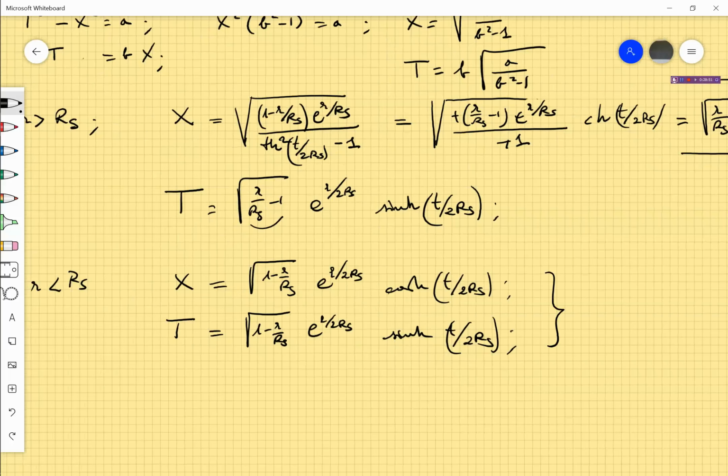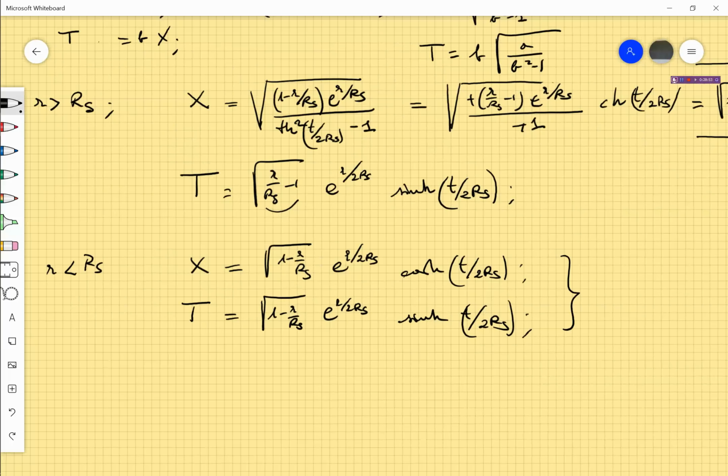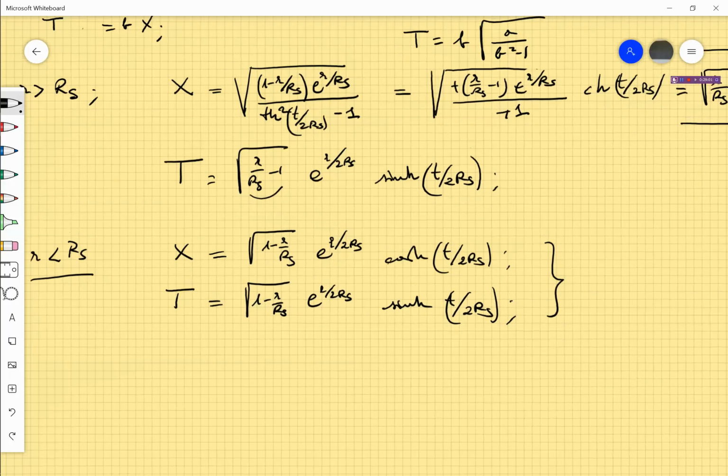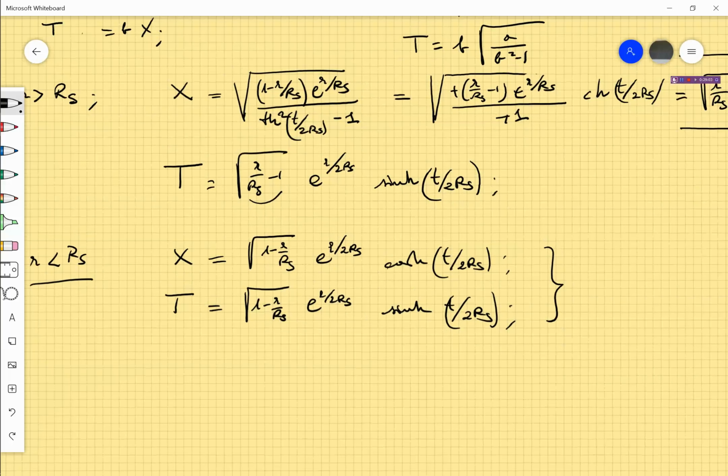You see that, first of all, we have achieved analytical extension to the region R smaller than Rs. Okay, here there is a relation between this X and T to the old coordinates that we were not so sure if they were valid inside, but clearly this X and T for these values cover the interior.